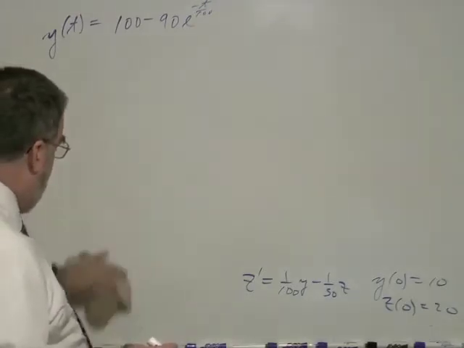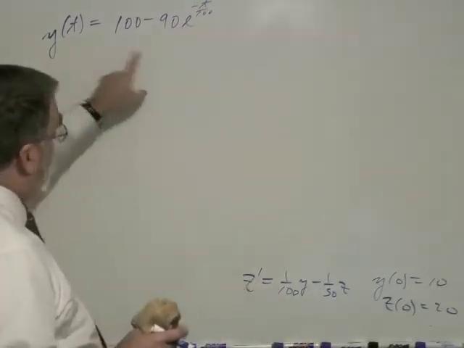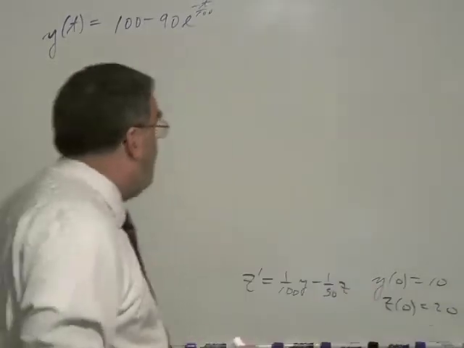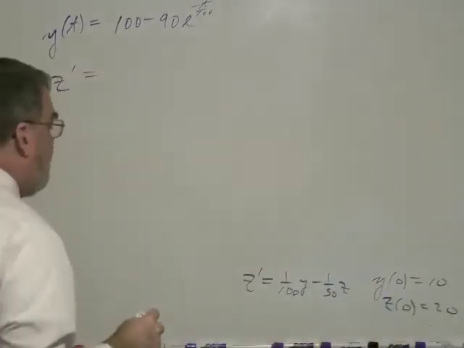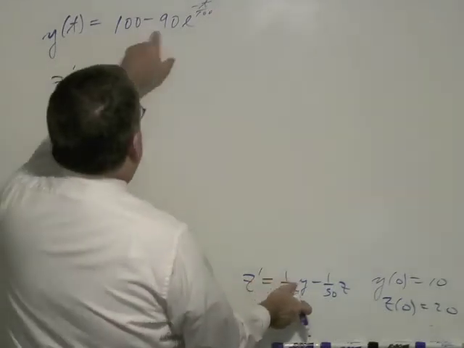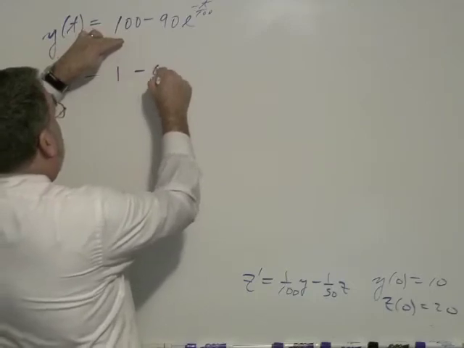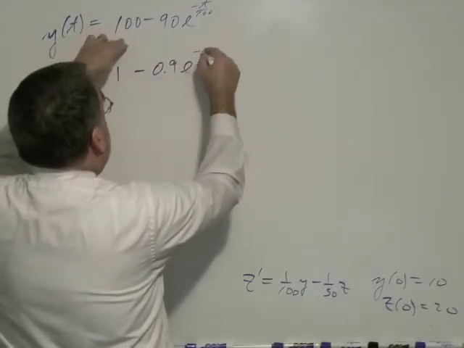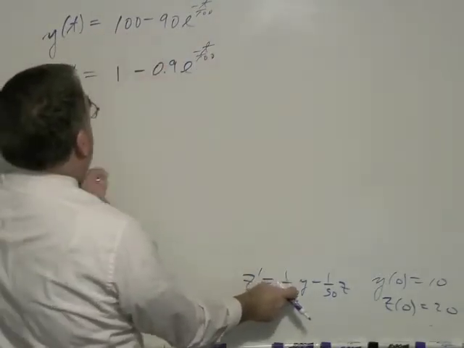All right, now to solve for z, I'm going to need to replace this y with this function. So when we do that, we'll have z prime equal to 1 over 100 times y, which turns this into 1 minus 0.9 e to the negative t over 100. So that's 1 over 100 times y.